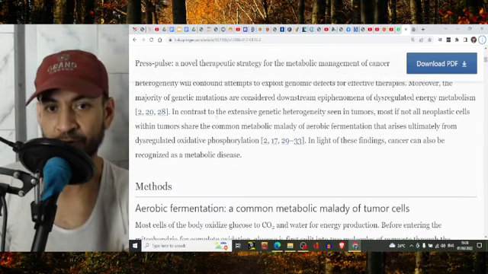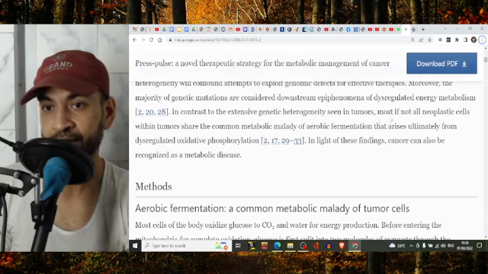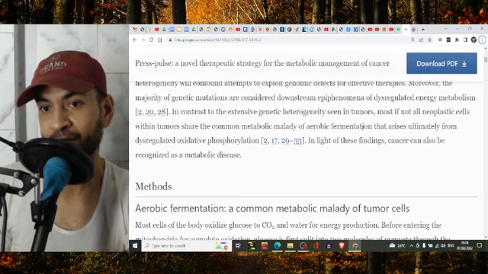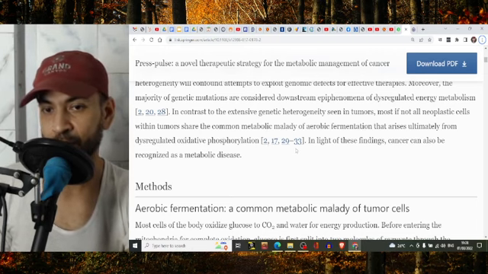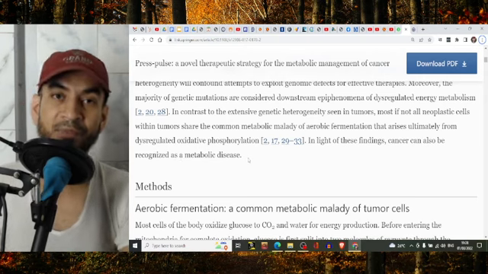In contrast to the extensive genetic heterogeneity seen in tumors, most, if not all, neoplastic cells within the tumor share the common metabolic malady of aerobic fermentation that arises ultimately from dysregulated oxidative phosphorylation. Reference 2, 17, 29-33. In light of these findings, cancer can also be recognized as a metabolic disease.